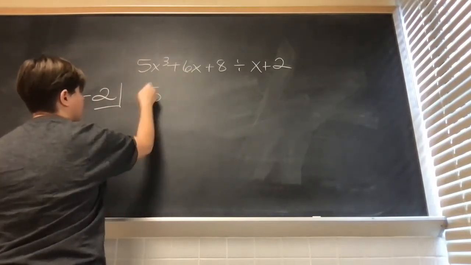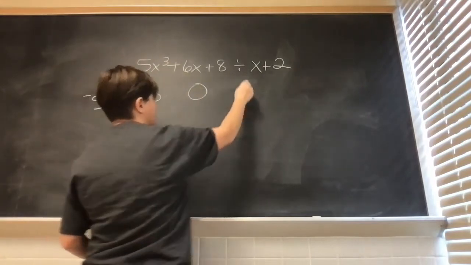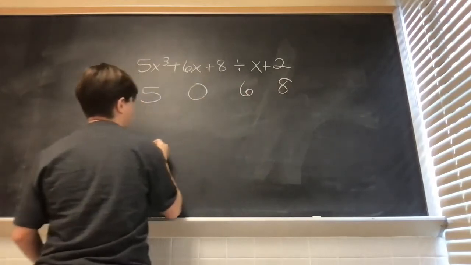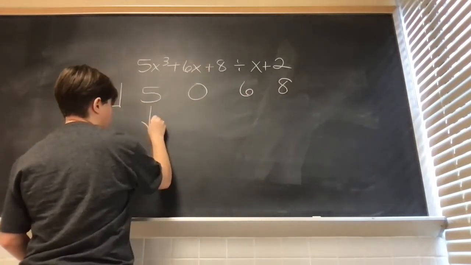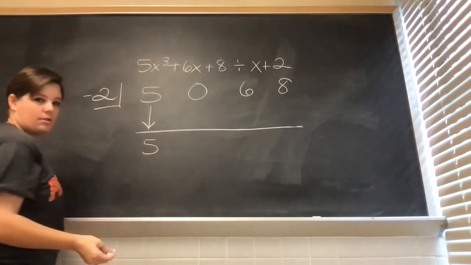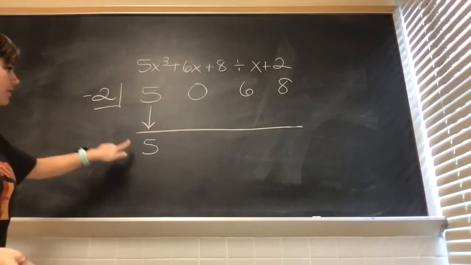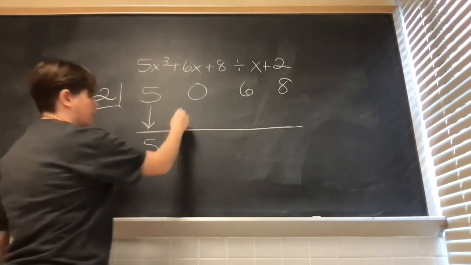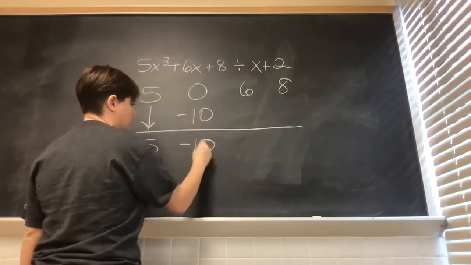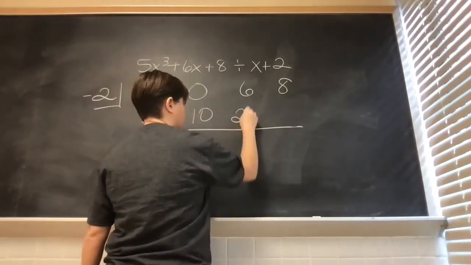Okay, now I write my coefficients. I have a 5 for the x cubed, then I have a 0 for my x squared. I have a 6 for my x, and an 8 for my constant. I draw my arrow, and I write my 5 down first, because we don't change anything about that first one. -2 times 5 is -10. Then I add down. -2 times -10 is 20.